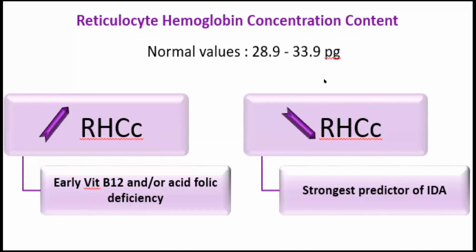Now it is showing features of iron deficiency anemia as well as anemia of chronic disease, and ferritin, iron, TIBC will not help you. Even percentage saturation will not help you. Here it plays a role. If this RHCC is low, it is suggestive of iron deficiency anemia.